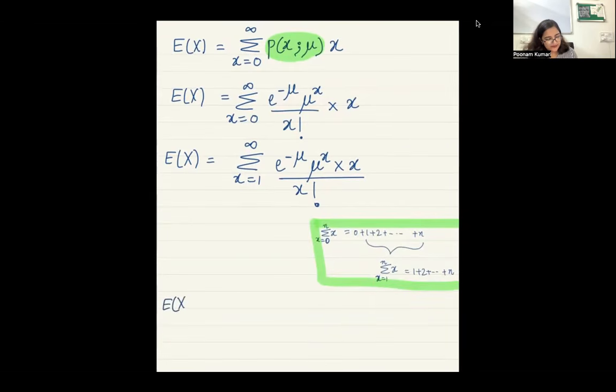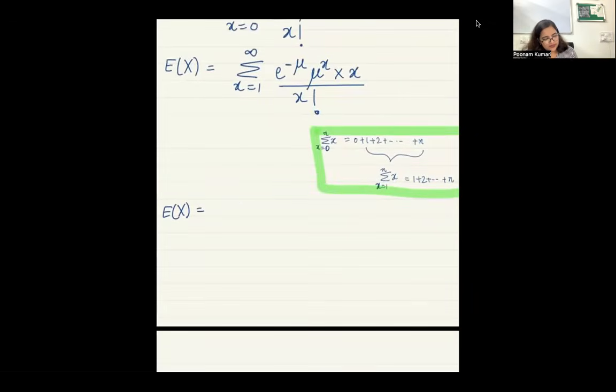Expected value of x is summation x going from 1 to infinity of e power minus mu, mu power x, times x divided by x factorial. Can I write it as x times x minus 1 factorial? Can I do that?